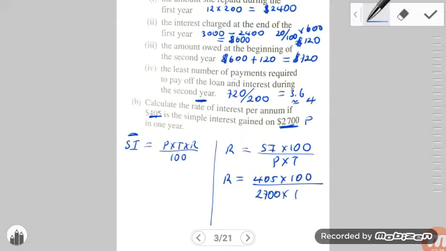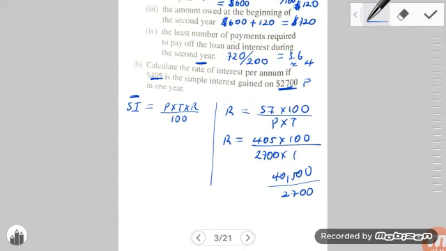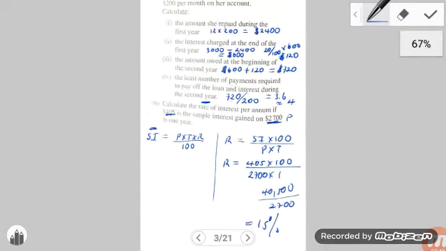So that's just times 1. So that's 405 multiplied by 100, which is equal to 40,500. I'm going to divide that by 2,700 times 1, which is 2,700. If we divide by 2,700 here, we should get 15%. So that's going to be the interest rate on that question.